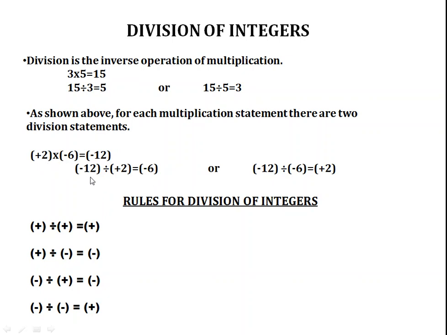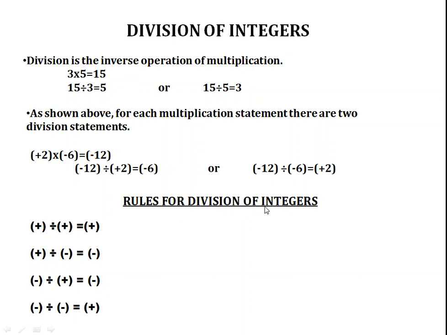From this you can see that when you are dividing a negative number by a positive number, you will get a negative number. When you are dividing two negative numbers, you will get a positive number.